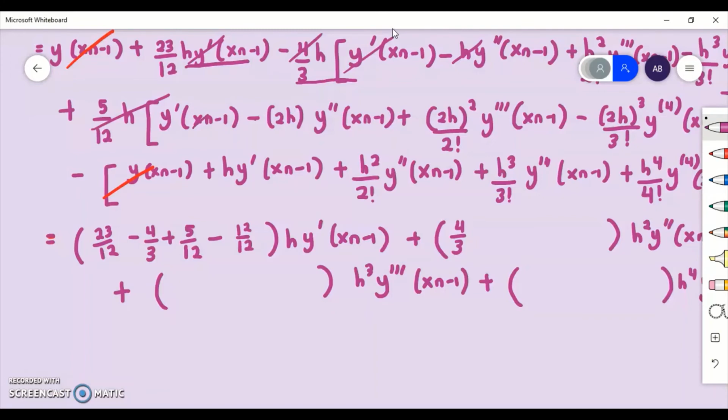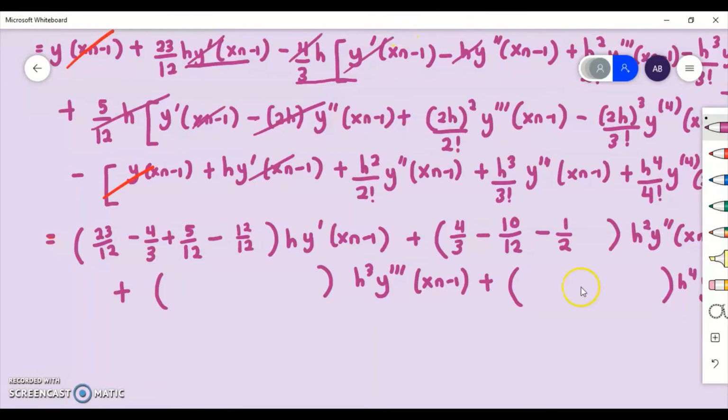Write the negative first: 5 times 2, 10 over 12, h times h, h squared y double prime. I've already considered this term. Now inside here, I have minus 1 over 2. Okay, that's the term involving h squared y double prime.